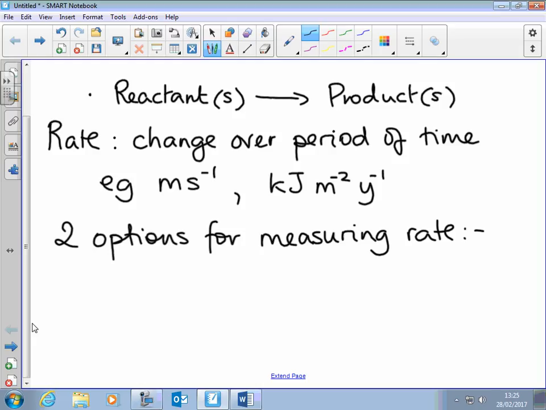So you've got those two possible angles, and it will depend what your reactants and products are, won't it, as to how easy that is. And you can use either, and it depends. Can you measure something disappearing very easily? Not necessarily. Let's use an example that works for today: photosynthesis.